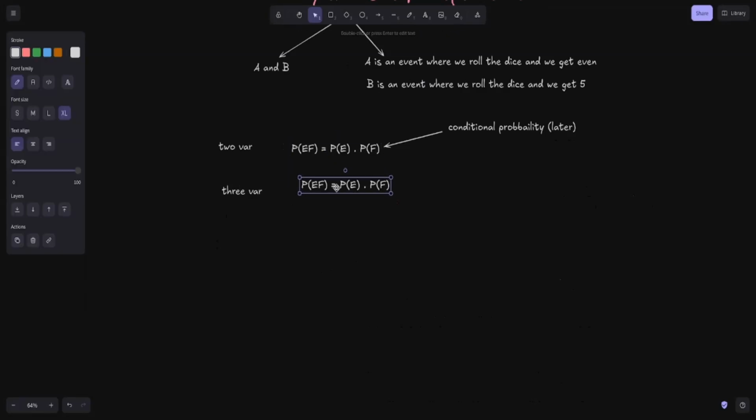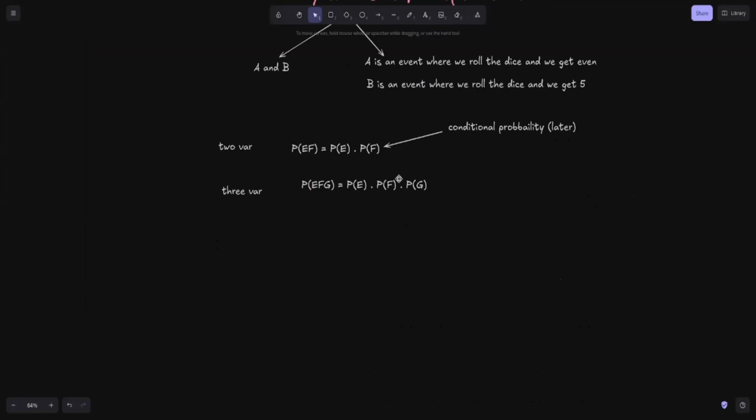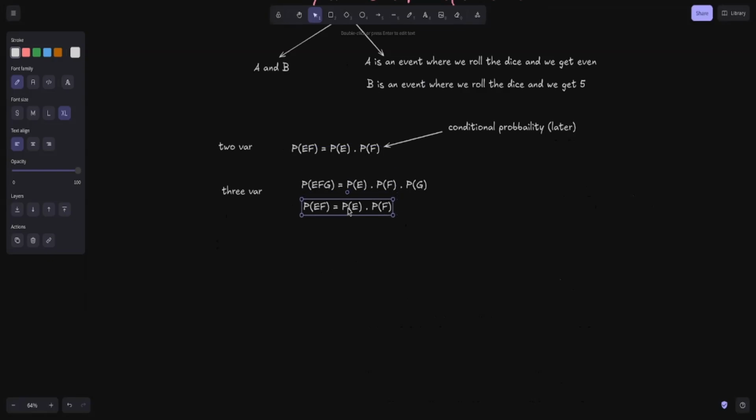So you would think it would be P(EFG) equals P(E) times P(F) times P(G). This would be your initial thought, but this is not enough. We also have to show that they are independent in pairs as well. So there should be P(EF), P(FG), and P(EG).